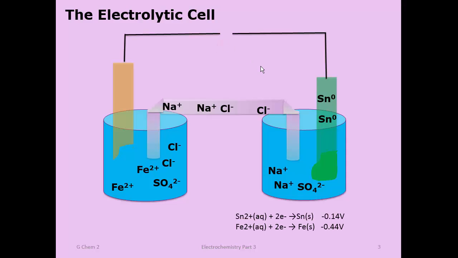So now what we're going to do is we're going to actually get a battery or a power source and connect it to that. And in this case, the E cell would actually be negative if you did the calculation the way we're going to do it. But in order for this reaction to run, if the E cell in the forward direction is about 0.3 volts, we're actually able to run it in reverse by literally changing the poles of the battery.